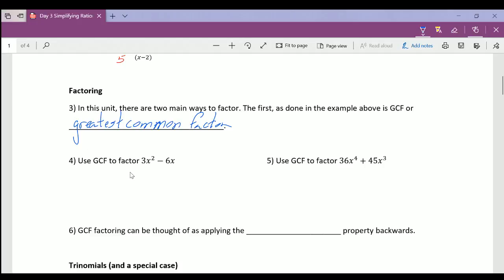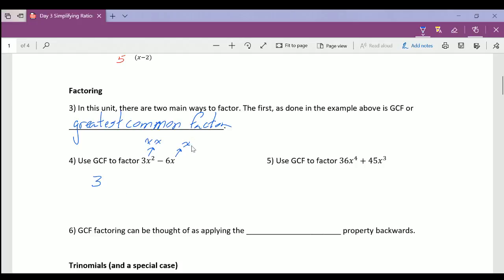You're going to look at it in two separate pieces. First, the number, and then the letter, the variables. We have a 3 and a 6. 3 goes into 3, and 3 also goes into 6. Okay, this x squared, that means there's two x's, and this being a single x, that's 1x. So you can pull 1x out of both of these.